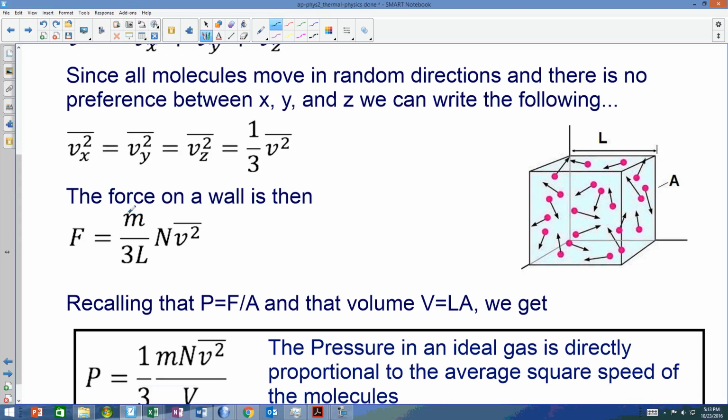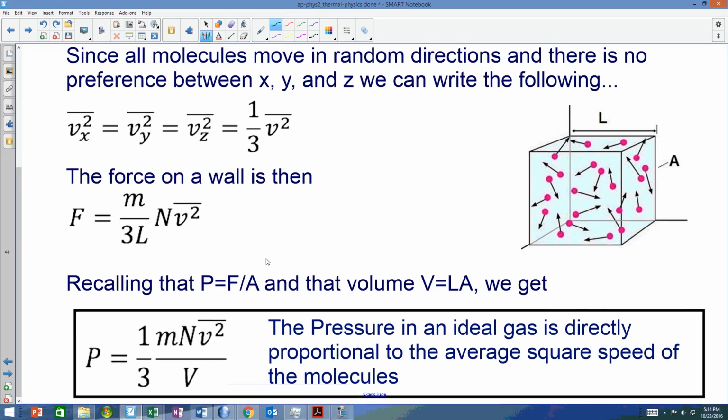So we end up with the mass of the particle divided by 3L, where L is the length of the box, times N, which is the number of particles we have in the gas, times the average speed of them squared. Recalling that the pressure is equal to the force per unit area, and that volume is equal to the length times the cross-sectional area, we can replace the L with the V, and we can multiply that by A. So here we have force divided by area.